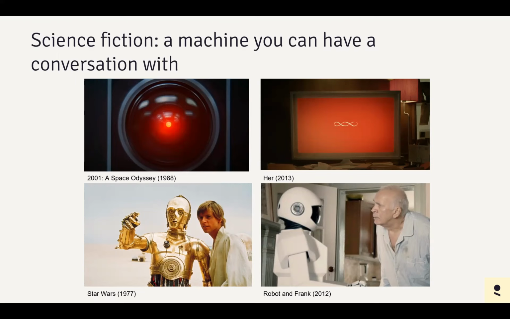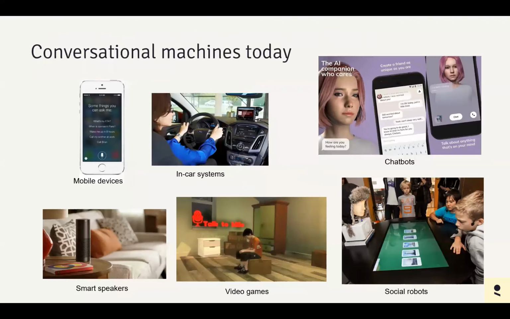And then, of course, there are these movies with robots in them that we see here also. And it has, of course, always been clear that the way you interact with these robots in these movies is by talking to them. Luke Skywalker wouldn't pick up a remote control to start interacting with C-3PO here, but it's clear that they talk to each other. So that's an obvious application for conversational technology: human-robot interaction.